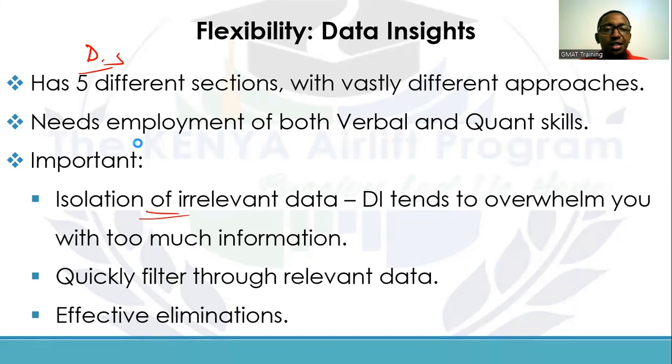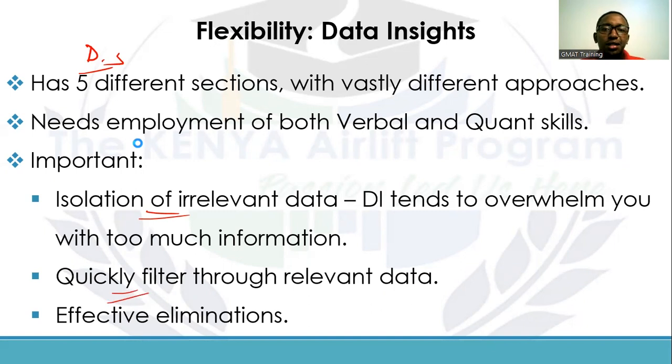Remember, this is not something that you have in verbal reasoning or quantitative reasoning, because if you look at critical reasoning, every data you're given is important. So you have to take all that in. Then you have to develop the ability to quickly filter through relevant data.